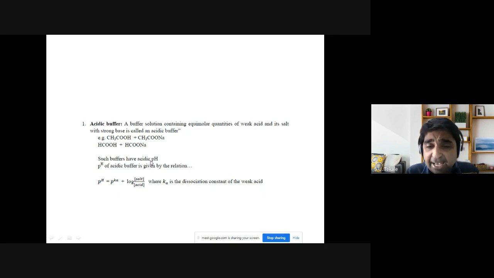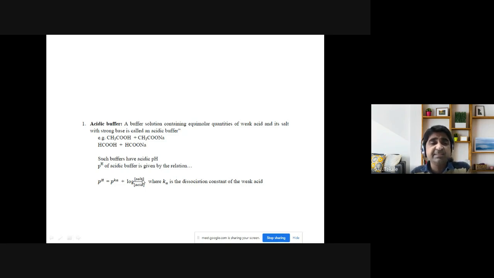So the pH of an acidic buffer can be calculated with the help of the Henderson equation, that is, pH is equal to pKa plus log of concentration of salt upon concentration of acid.